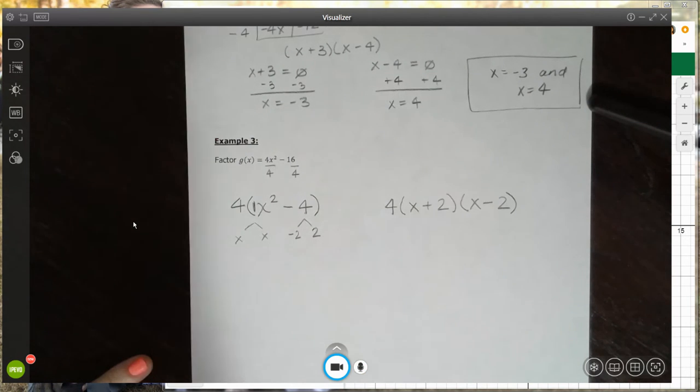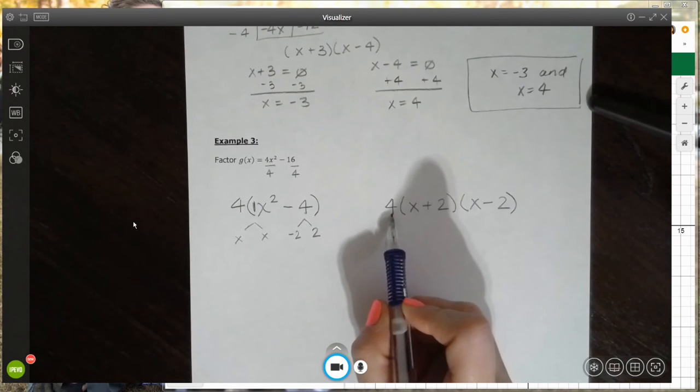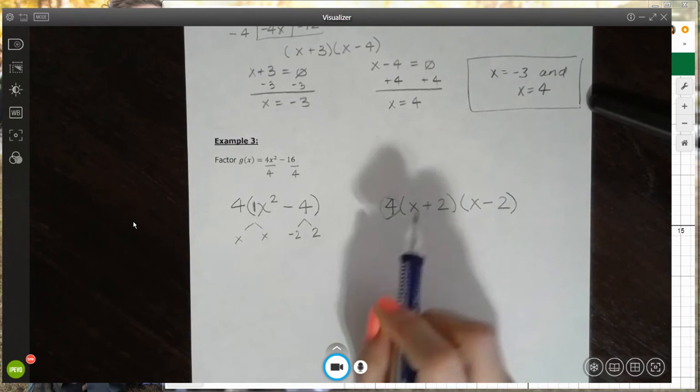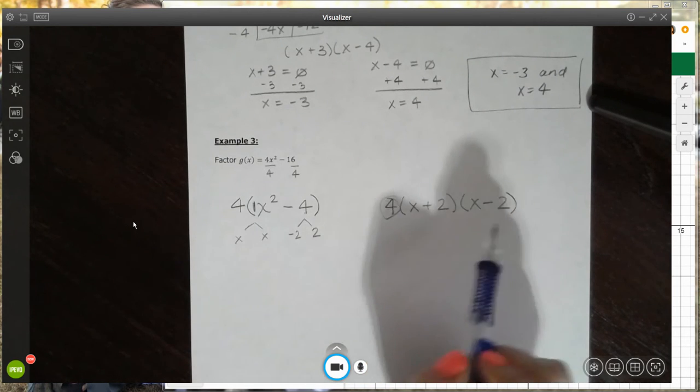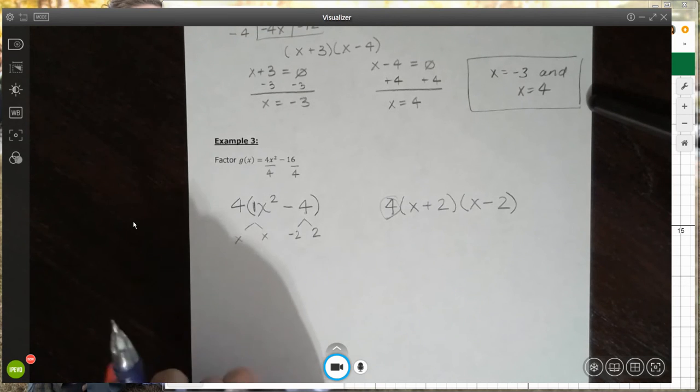And since we didn't look at one like that, I'm going to add one more into this after this example. But since this is just 4, there is no way that this number can affect my multiplication turning into 0 because 4 cannot be 0.